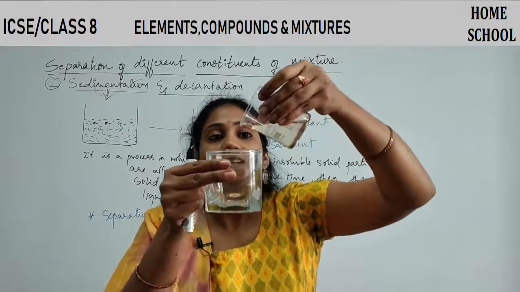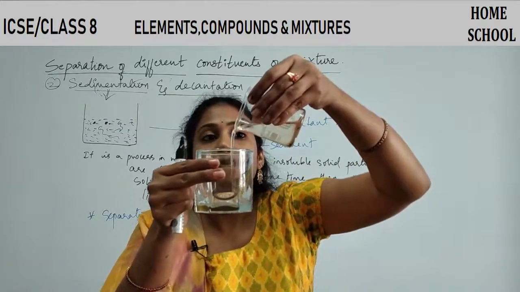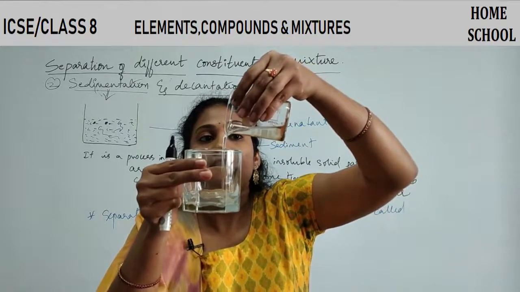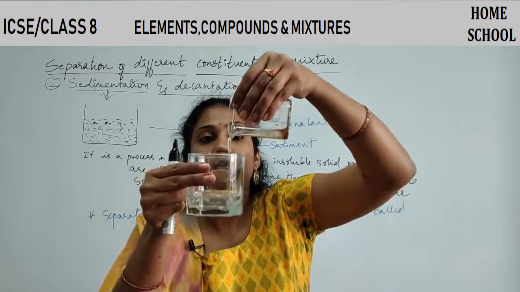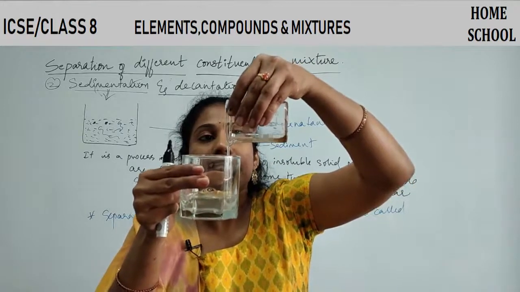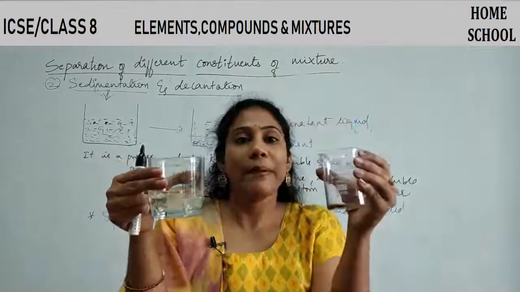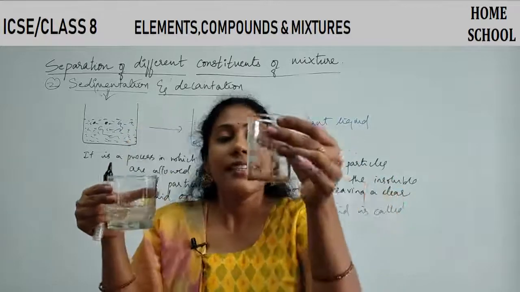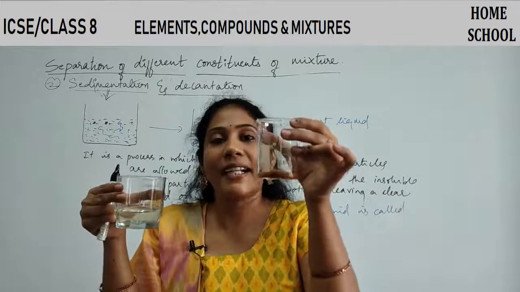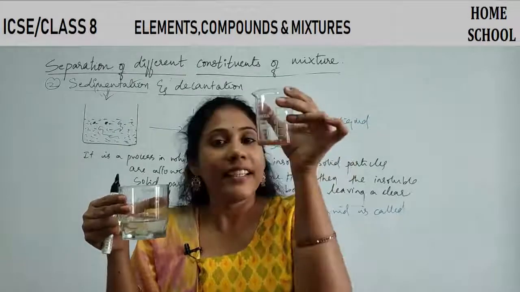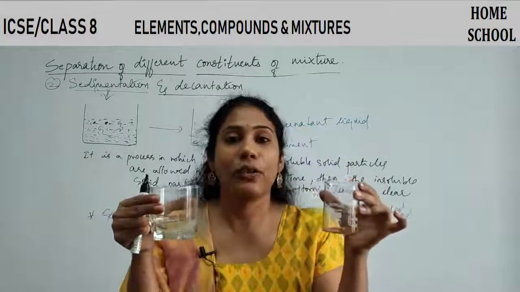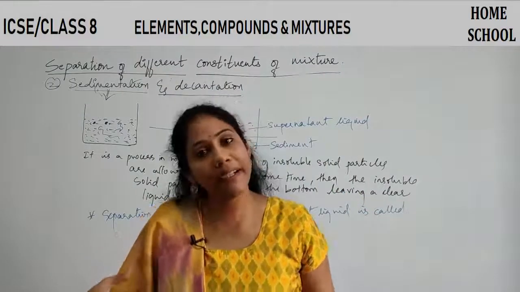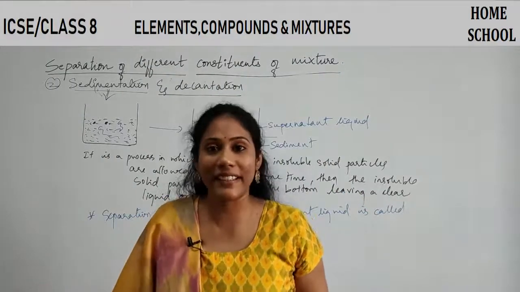See, slowly if you can pour that liquid into another beaker, very slowly, you are able to separate the components. See, here you got pure water, isn't it? All that impurity, sand, mud, clay, everything is left out in the beaker only, right? This is what we call sedimentation and then decantation.